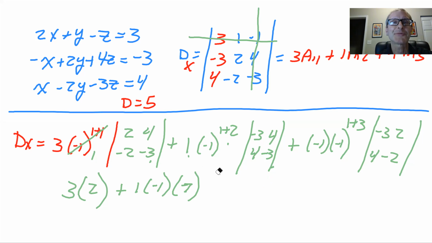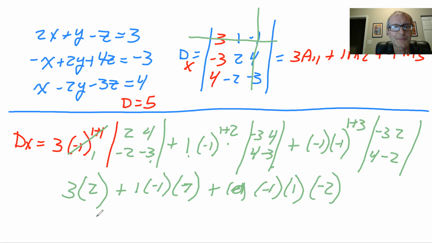So here, the last one would be plus a -1, and then this would be to the 4th power. So that would be -1 and +1. So what would this last one be? This would be 6 minus 8, so that would be -2.